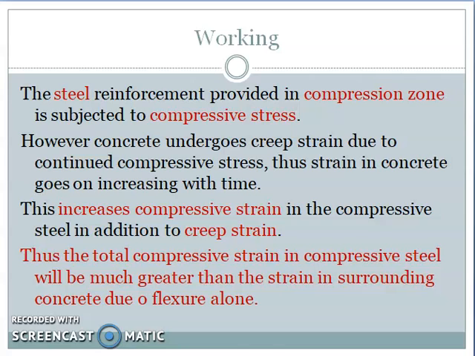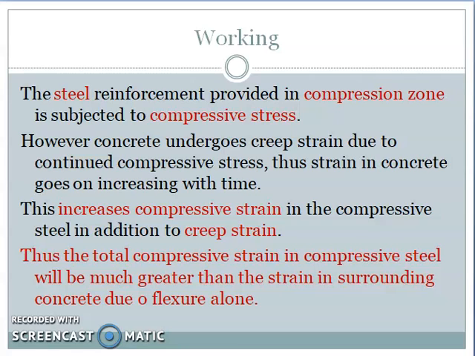However, concrete undergoes creep strain due to continued compressive stresses. Creep is long term. So, because of these compressive stresses, the concrete undergoes long-term strain. Thus, the strain in concrete goes on increasing with time. As the time increases, the strain also increases in the compression zone.